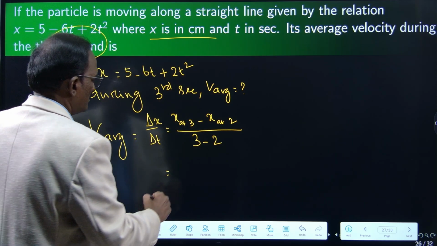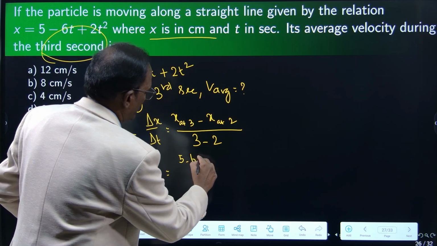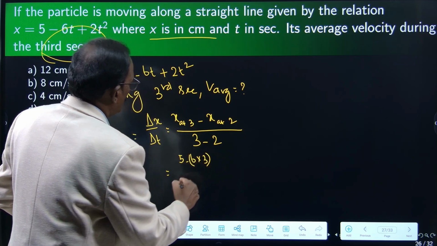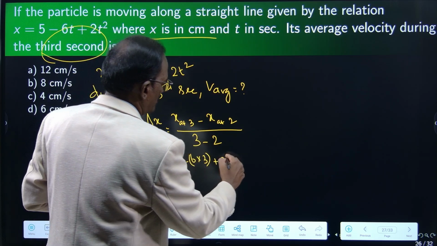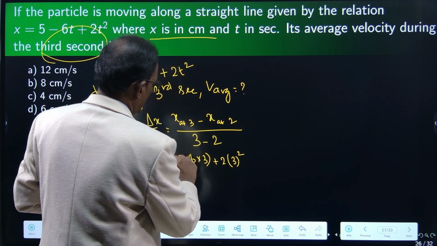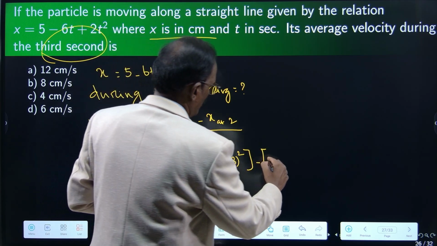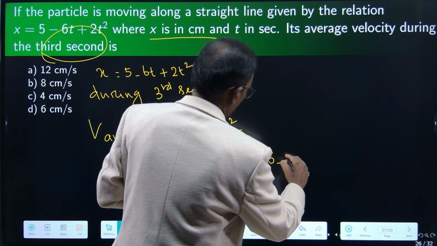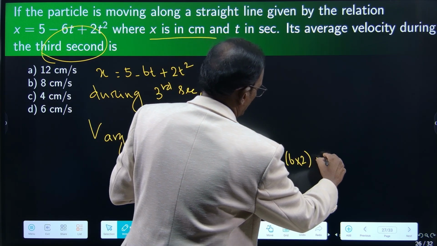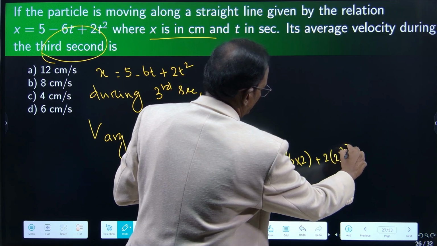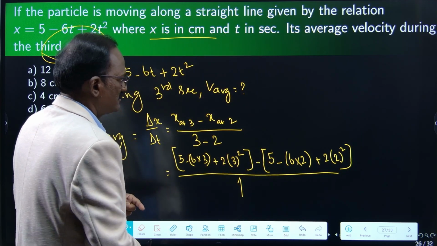The x is given as 5 minus 6 into 2, t is equal to 3 here, plus 2 of t square, t is equal to 3, so 3 square. This is the final distance. Then similarly, initial distance, 5 minus 6 into t is equal to 2 plus 2 of 2 square, divided by 3 minus 2 is equal to 1.